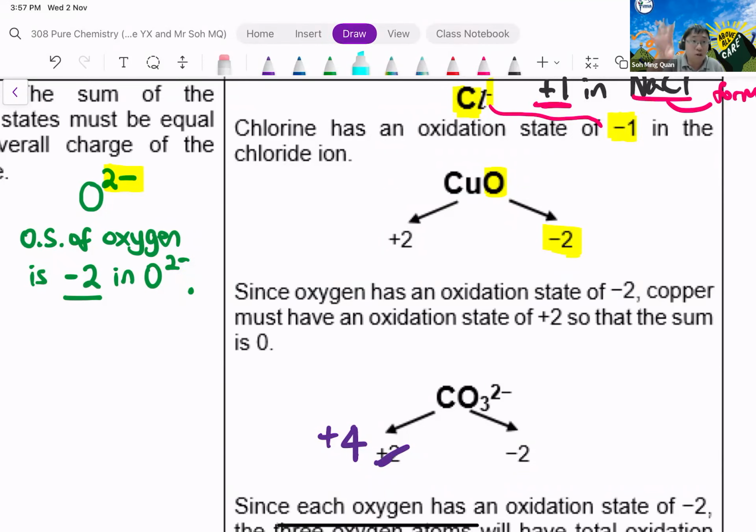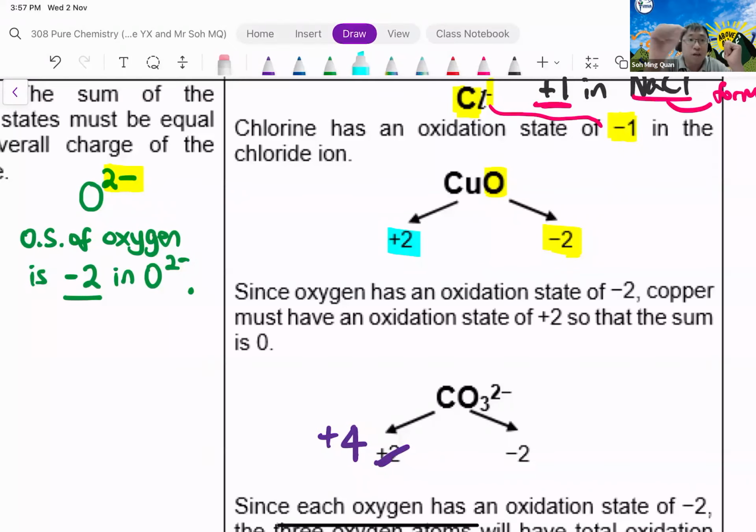That means the charges of the oxygen and the copper must cancel each other out, right? So if oxygen's oxidation state is -2, copper must be +2, because +2 -2, you add together, becomes 0, no overall charge.